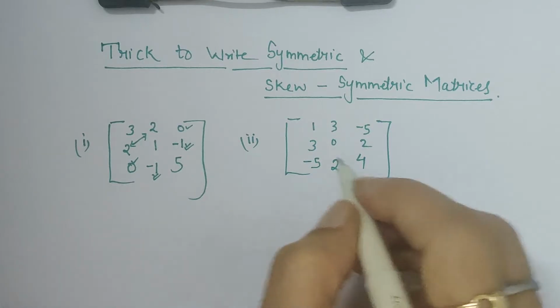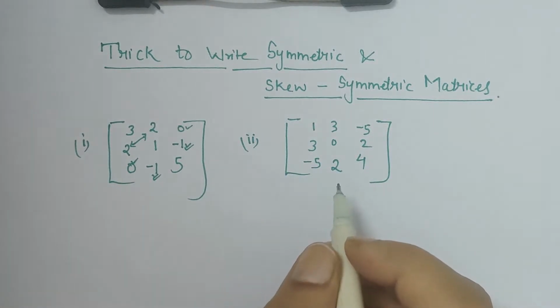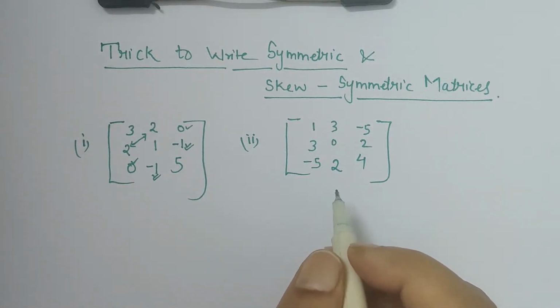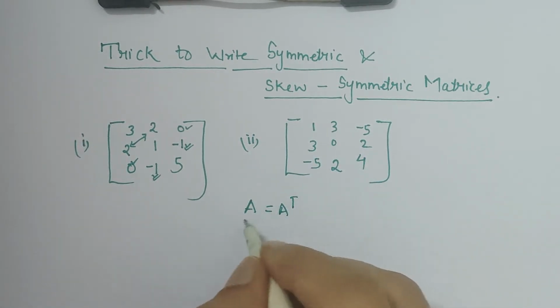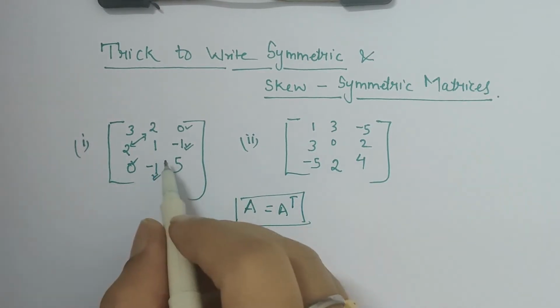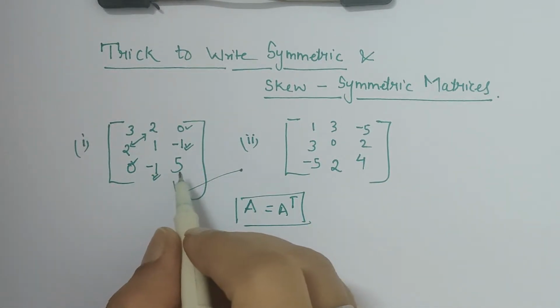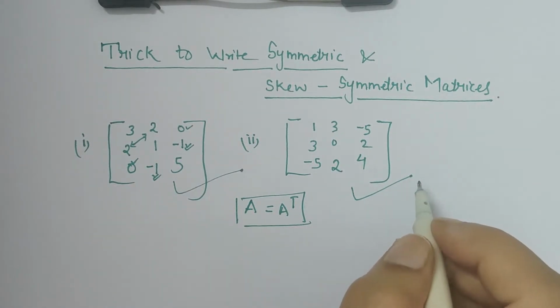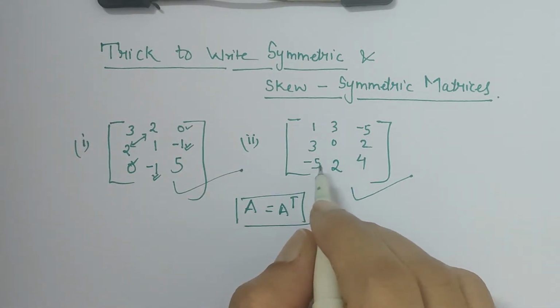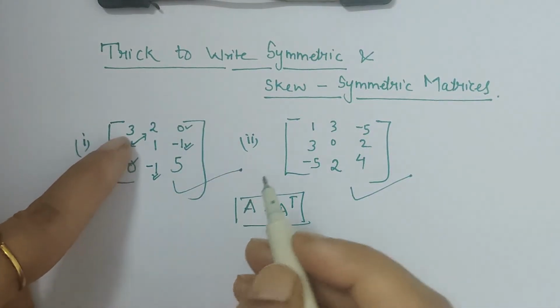Now let's check if these two examples we have just created are symmetric or not. For symmetric matrices, the condition is A should be equal to A transpose. That means even if I transpose this matrix, the matrix should be the same.